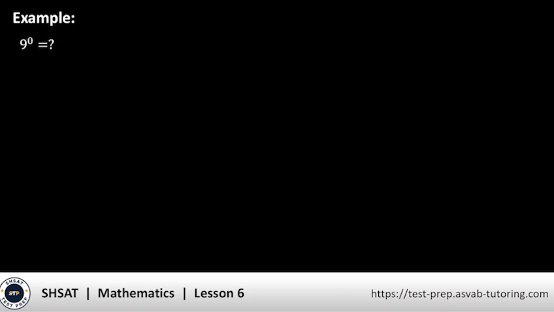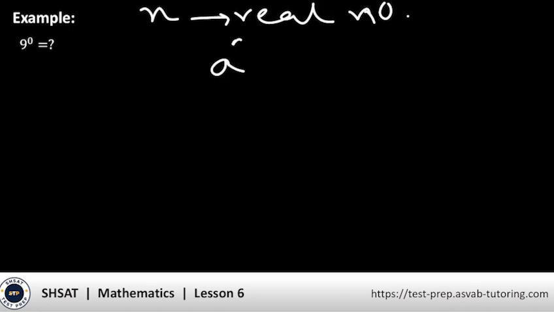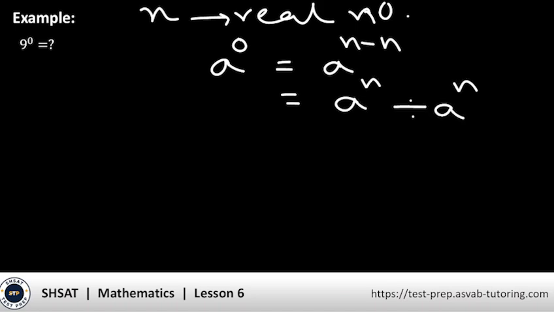All right, next, here's another question. First of all, let's just get this clear. For any real number n, if it's a to the power 0, what that means is it's a to the power n minus n. And how did you get this n minus n? Remember what I told you, that if there's a division sign, it's automatically minus.